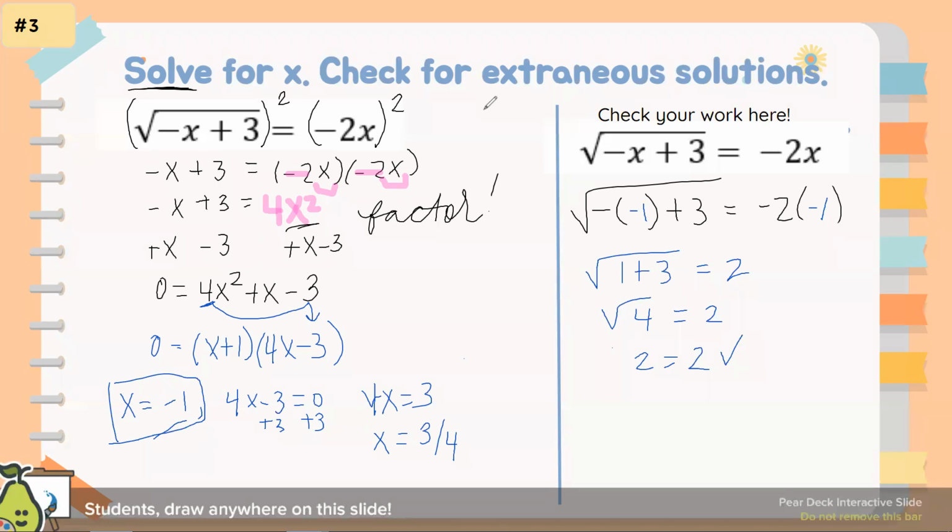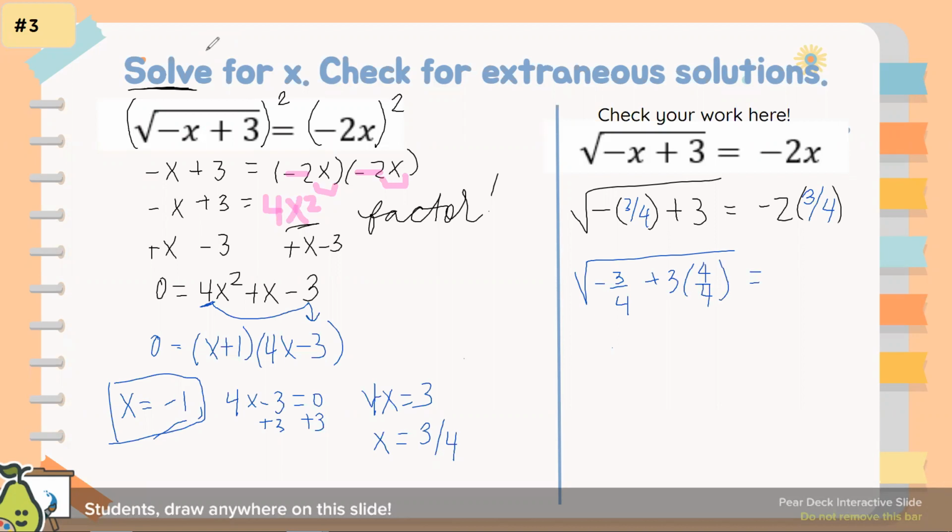And then we'll repeat the process with our other option. So we're going to check and see if 3/4 works the same way. So is the square root of -3/4 plus 3, get a common denominator, equal to -6/4?